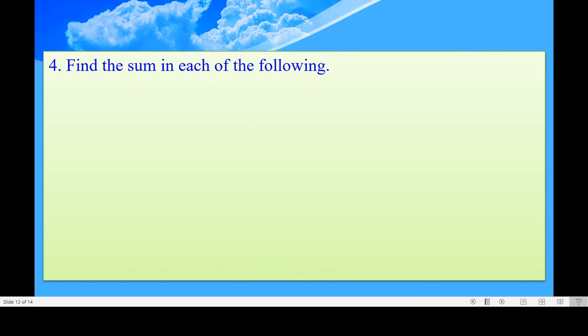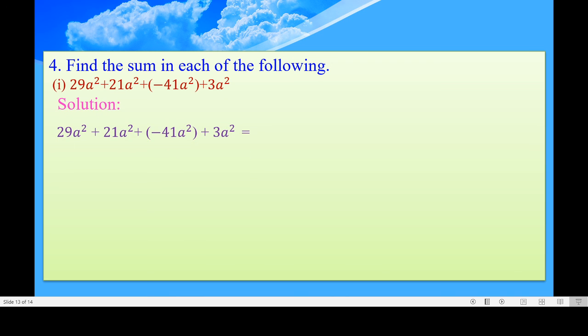Let us look into the last exercise, problem 4. Find the sum in each of the following. The first subdivision, 29a square plus 21a square plus minus 41a square plus 3a square. The same method, keep the variables separate and keep the constants separate. Therefore, it becomes 29 plus 21 minus 41 plus 3 into a square.